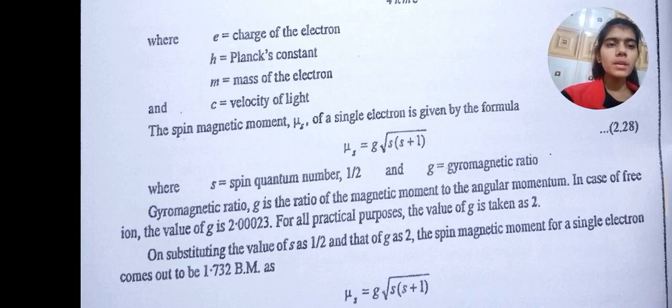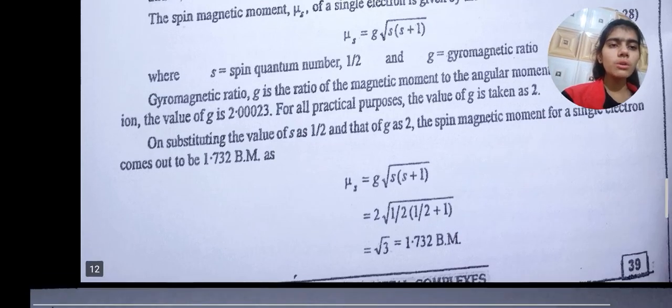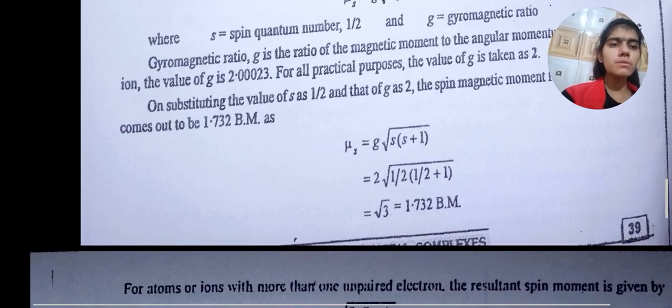For all practical purposes, the value of g is taken as 2. On substituting the values of s as half and that of g as 2, the spin magnetic moment for a single electron comes out to be 1.73 BM, as μs is equal to 2 under root s into s plus 1, that is equal to under root 3, and the value of under root 3 is calculated as 1.732 Bohr magneton.